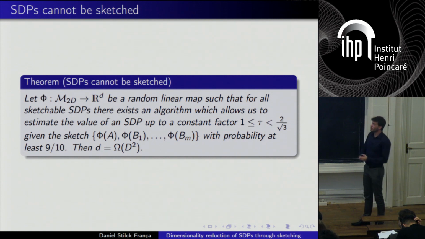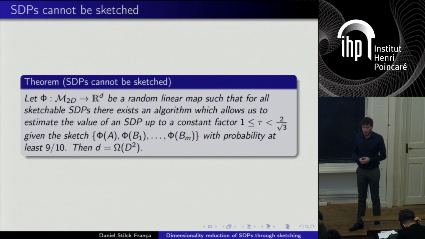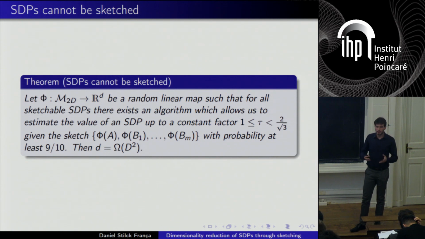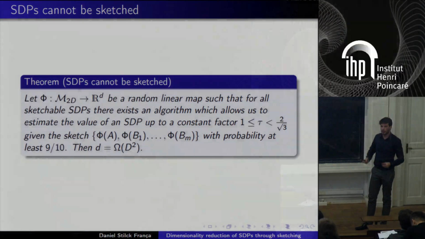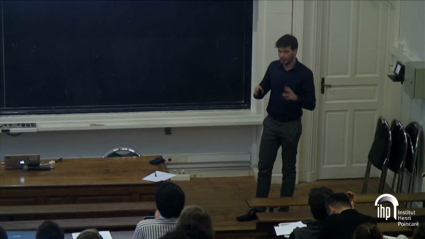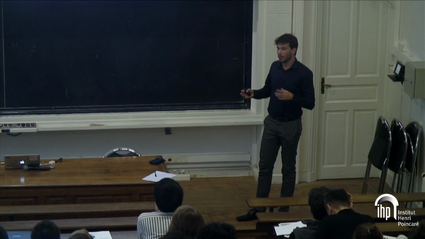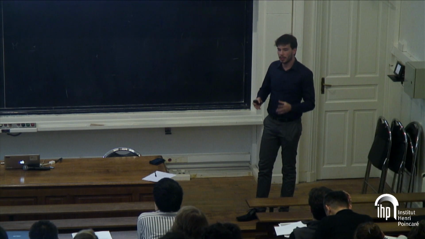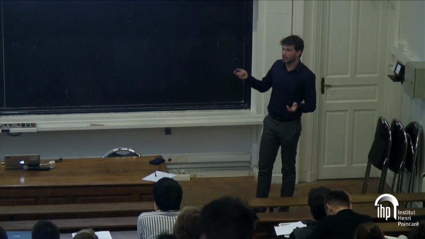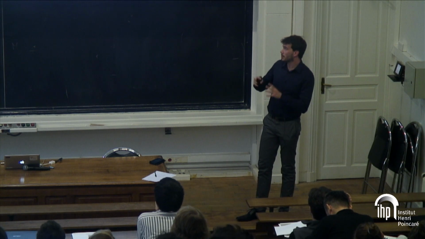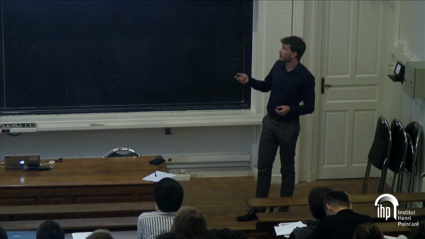Why is that? Well, in 2014, Woodruff showed the same result for the operator norm. If I give you a matrix and you want a sketch of it that lets you say something about its operator norm, you can only do this if the smaller matrix is essentially the same size as the original matrix.